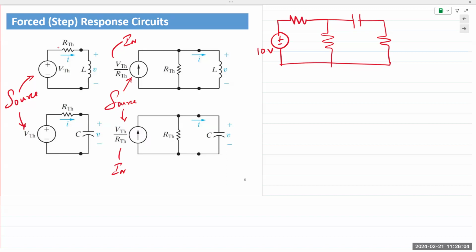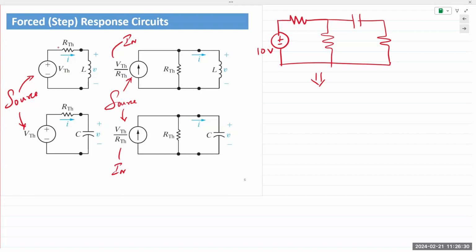So how can we determine the voltage that is being applied to the capacitor? By finding the Thevenin equivalent circuit as seen by that capacitor. And that is one of the other applications of Thevenin and Norton. If you all recall, I did mention that there are multiple applications where we need Thevenin, and this is one of the prime reasons why.